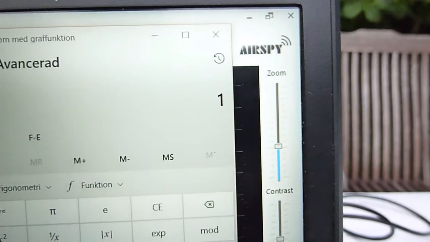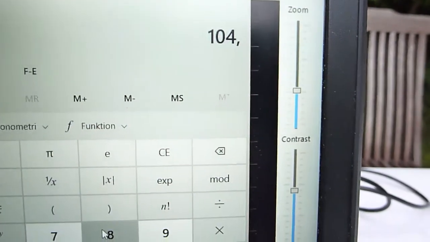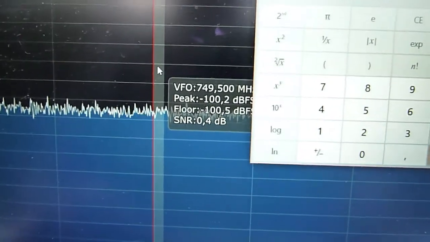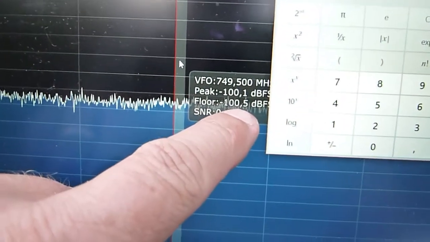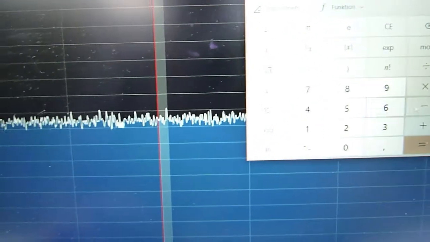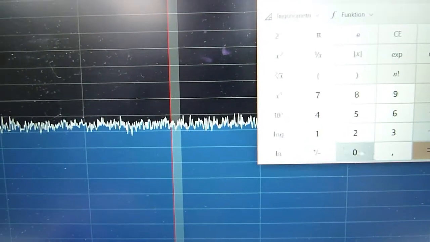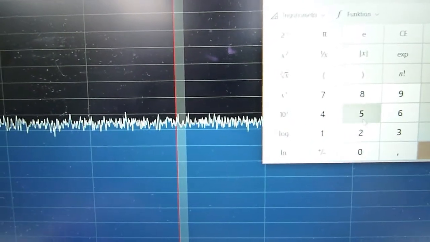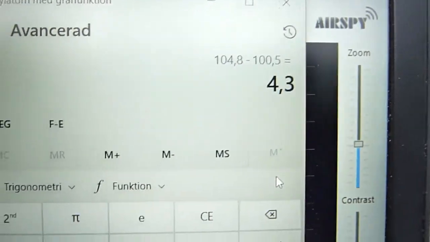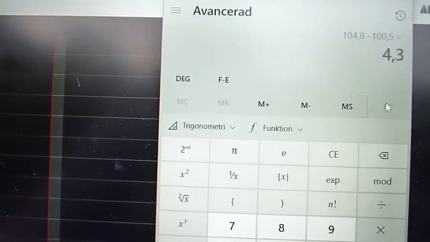So minus 104.8 was the sky value, and now if you look here at the floor, minus 100.5. So subtract that, and 4.3 decibel is the difference between the sky noise and the ground noise.